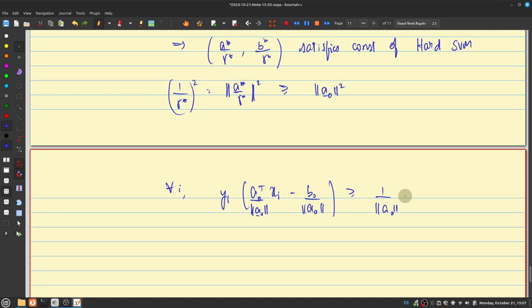Correct? But from what we had, norm A0 is less than or equal to 1 over gamma star, and therefore this quantity is greater than or equal to gamma star. So the minimum over all i of yi times A0 transpose by norm A0 xi minus b0 by norm A0 is greater than or equal to gamma star.